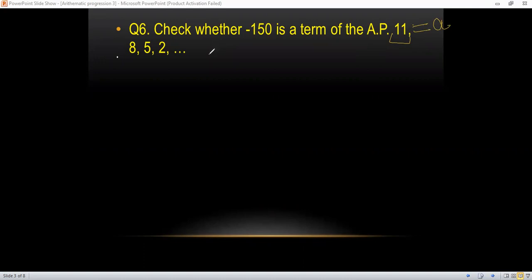Common difference is 8 minus 11, that is minus 3. Minus 3 is the common difference. And an is also given, that is minus 150.